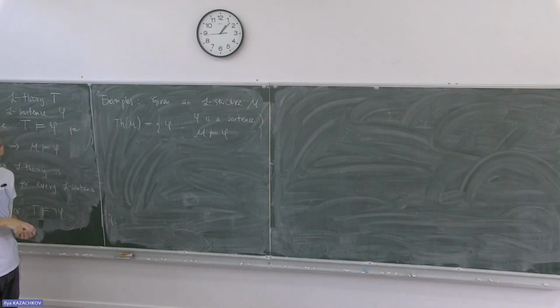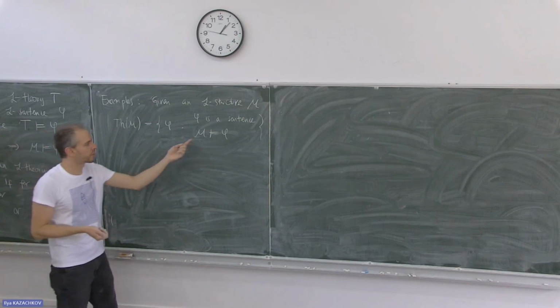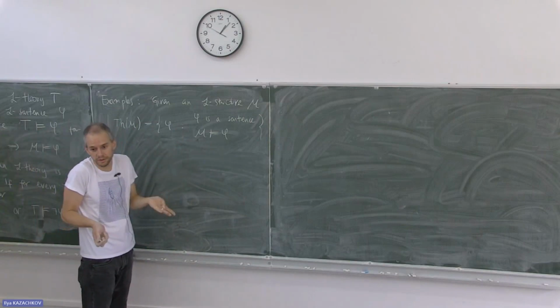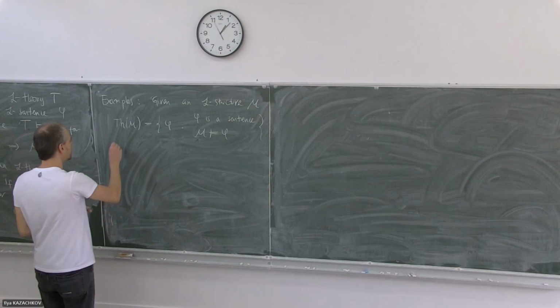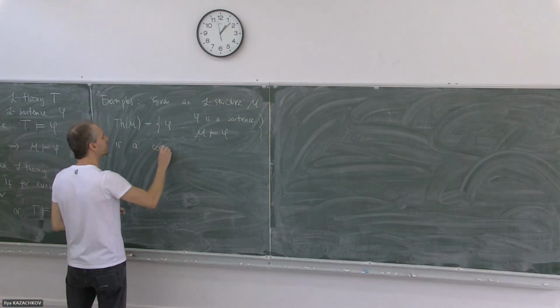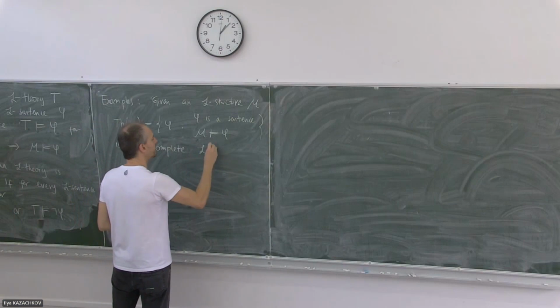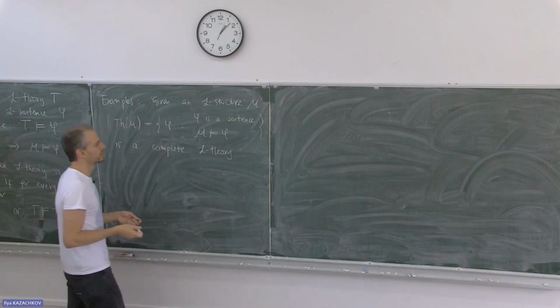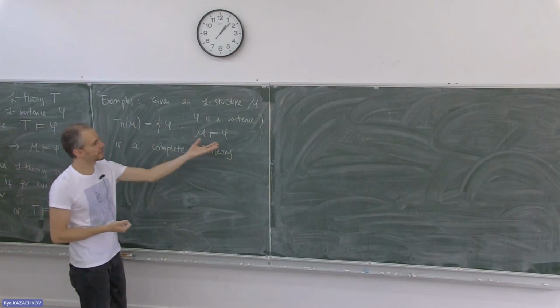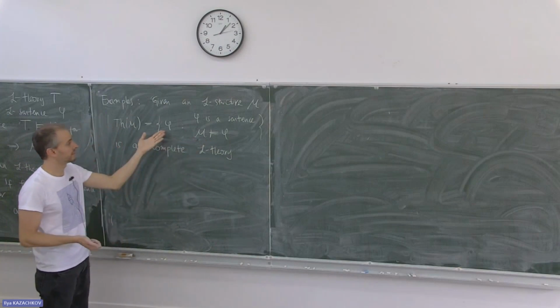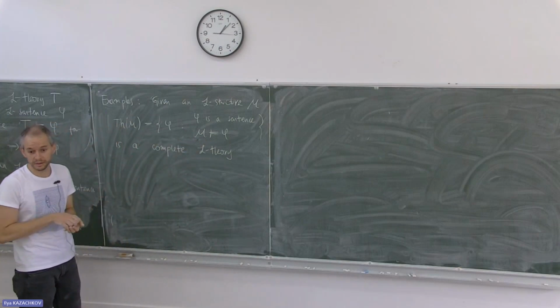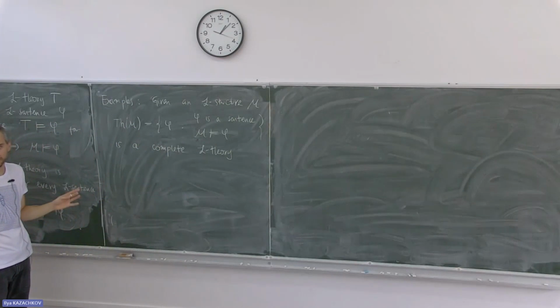Then of course this is a complete L-theory, because for a model, either it satisfies a sentence or it doesn't. If you give me a sentence, either the model satisfies it or not, and then the sentence or its negation is going to be in the theory. This is the most basic example of a complete theory. It's just all sentences which are true in a given structure.